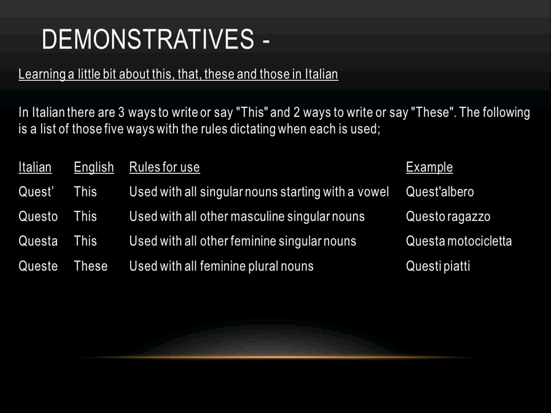Queste is then used as these, with all feminine plural nouns. The example I have is questi piatti, which is actually plural masculine. I apologize. Queste donne would have been a better example. There's the feminine plural example. So questi is used with all masculine plural nouns, but the example is the plural feminine, queste forchette.